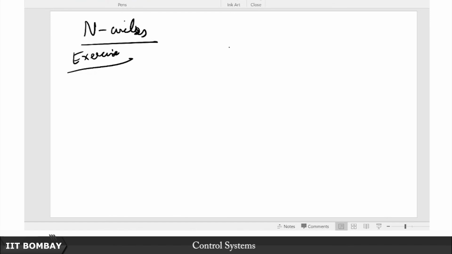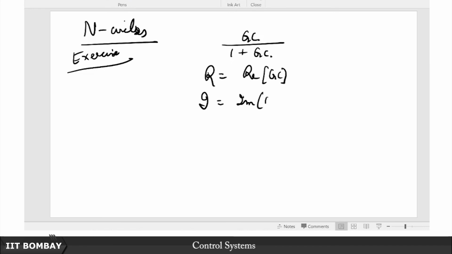Suppose you have this GC as before upon 1 plus GC, so again R is the real part of GC and I is the imaginary part of GC. So this is your GCLTF.